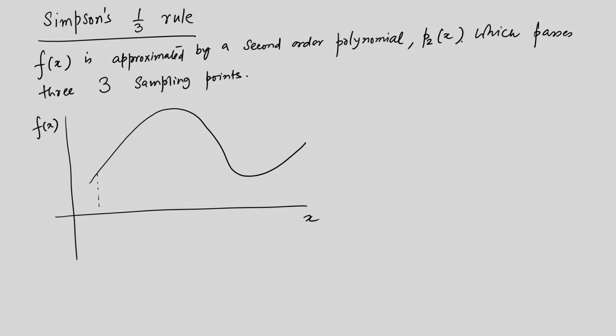So, this is your initial point A and this is your final point B. So, it uses 3 points, 2 of them are A and B and the other one is actually an arithmetic mean of these 2, which means the midpoint of A and B, which is simply let us call it x 1, which is equal to A plus B by 2. Okay. So, what it does is that it takes this trapezium and it takes this trapezium and calculates the area of each one of them.